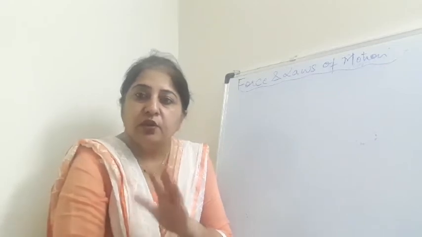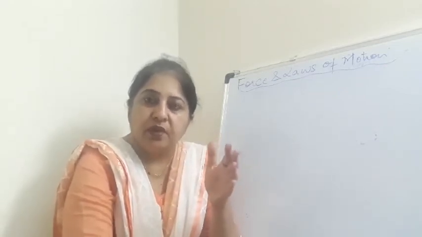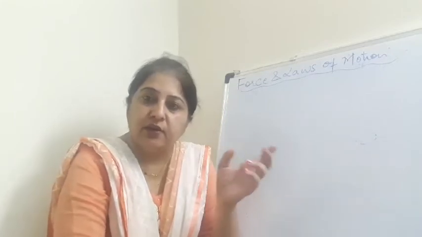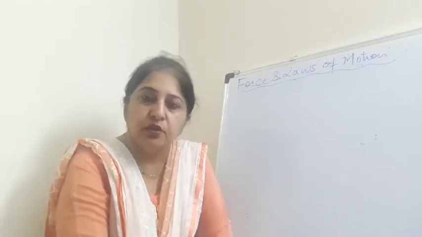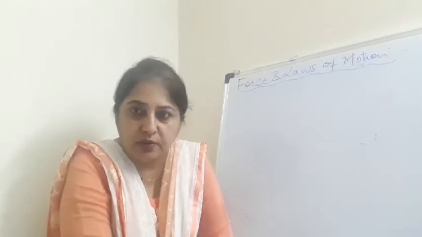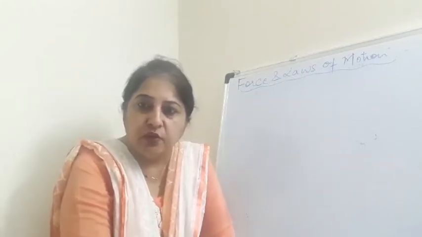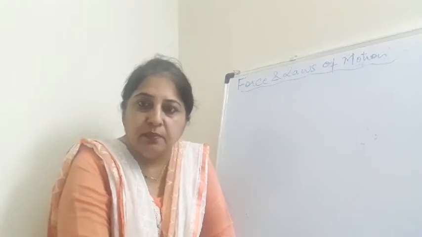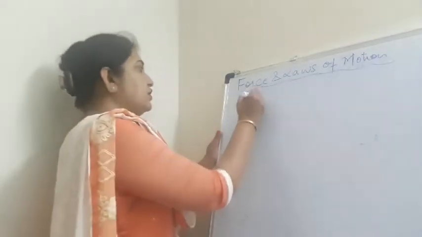So the first law is given by Newton, and it states that an object at rest will remain at rest and an object in motion will continue to be in motion till some external unbalanced force is applied on it. So you will write the statement in your notebook and you will write 2-3 examples of each type. So let's begin the first law.